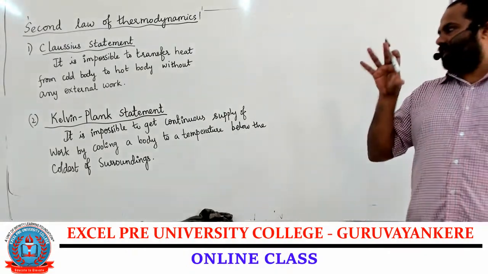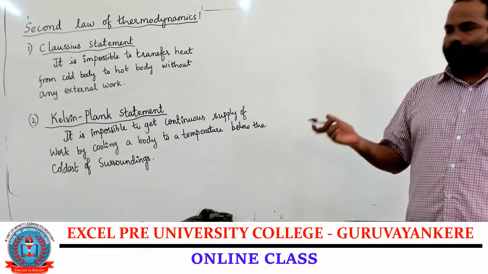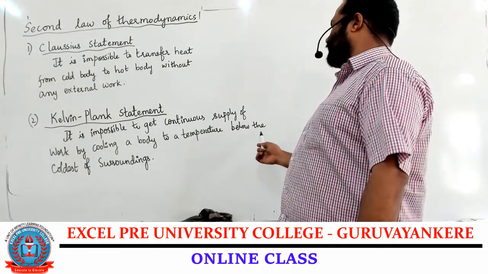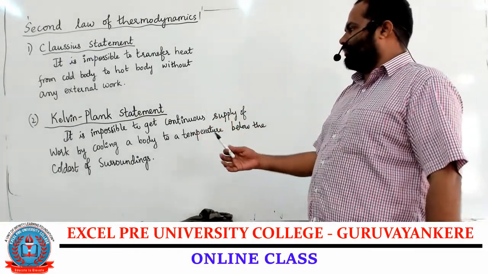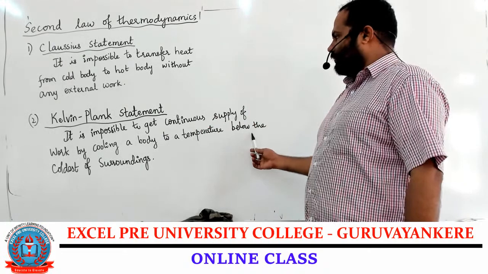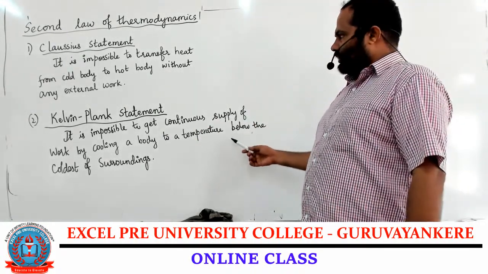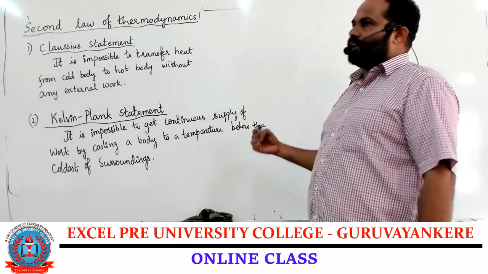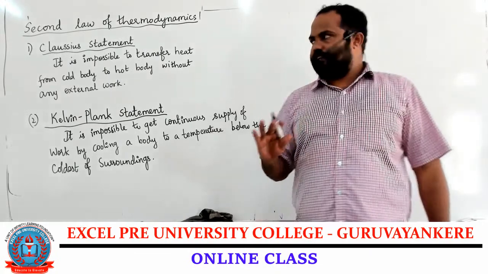If you keep doing continuous work, then heat can be given out to the surroundings from the cooler body. And it is also impossible to design a 100% efficient engine.